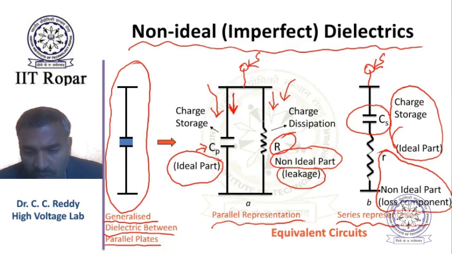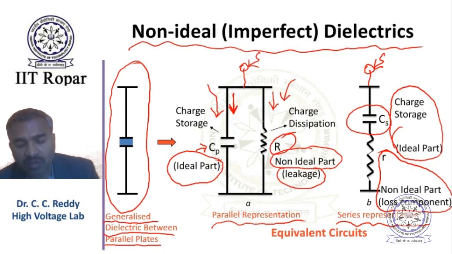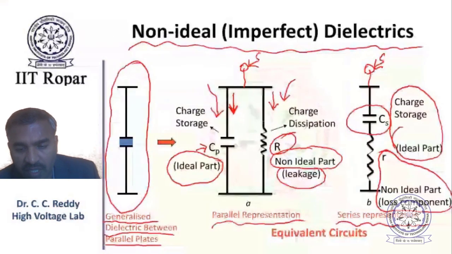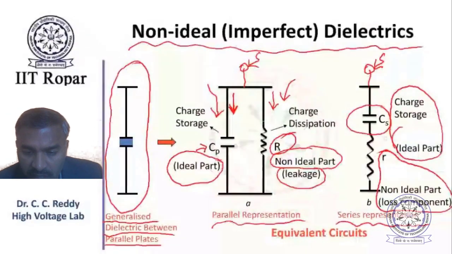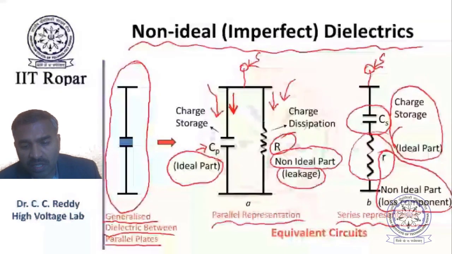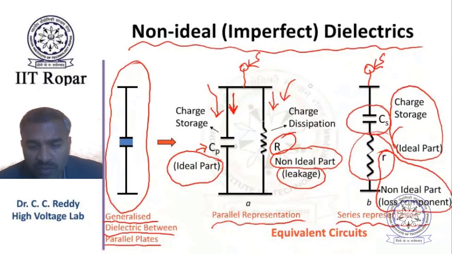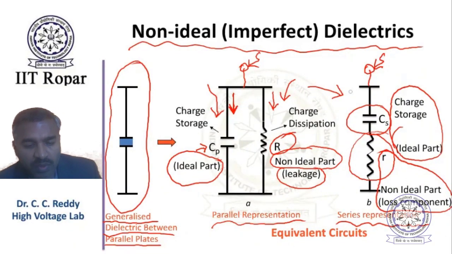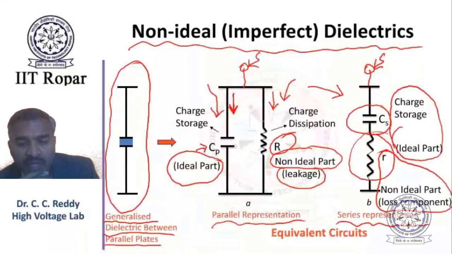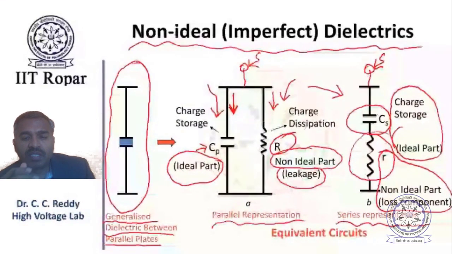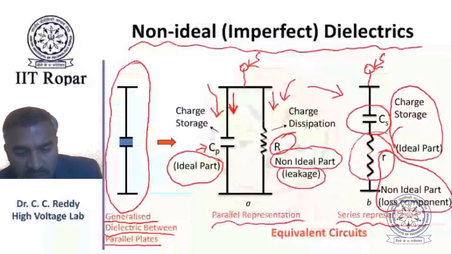But of course, across the capacitor, the voltage and current will have the same 90 degrees relationship, and across the resistor also they have the same, just in-phase relationship. So this is the series representation. Equivalently, we can work out, and then formulas can be derived and everything will work out. So these two representations are there for non-ideal dielectrics. Apart from these two representations, a series-parallel one is also possible.